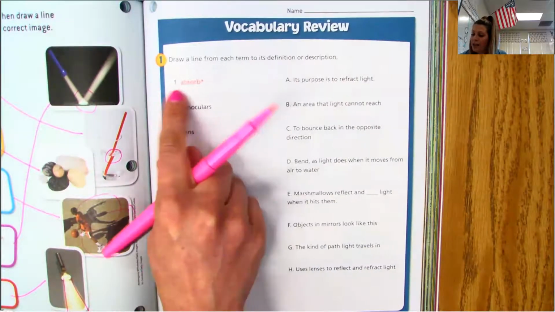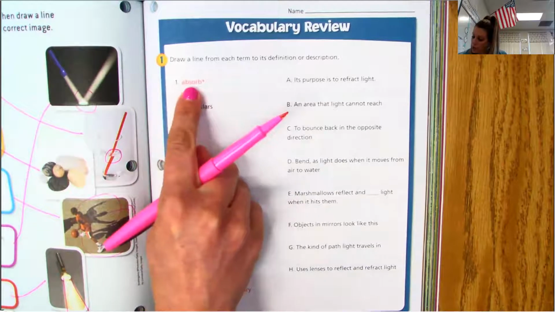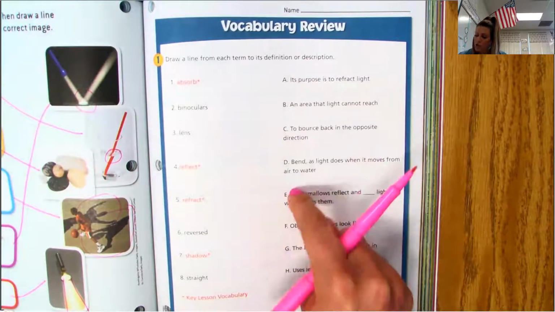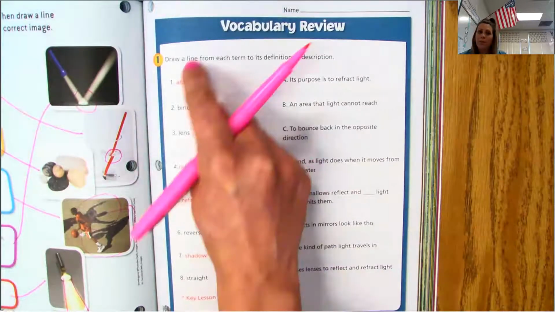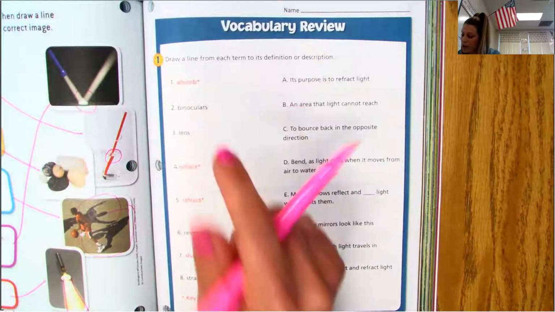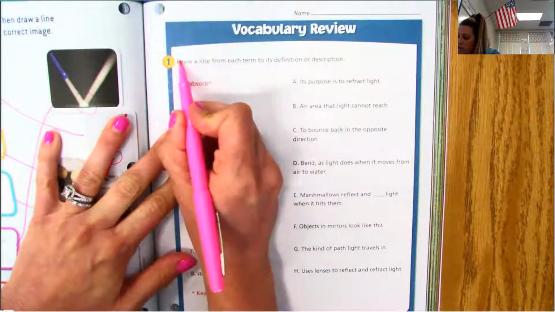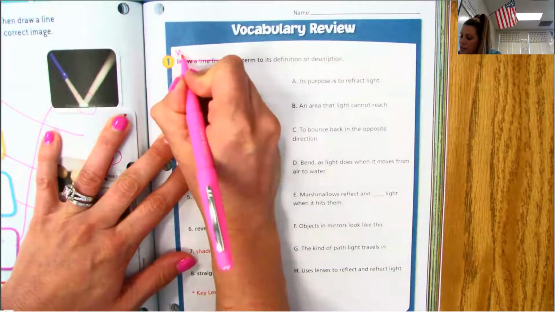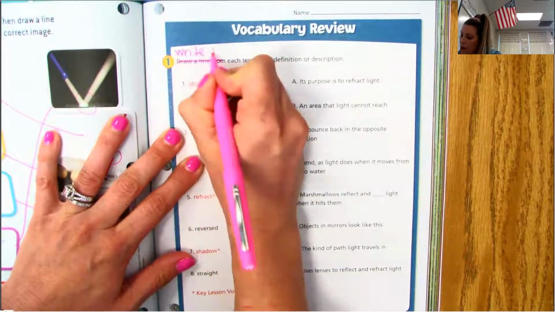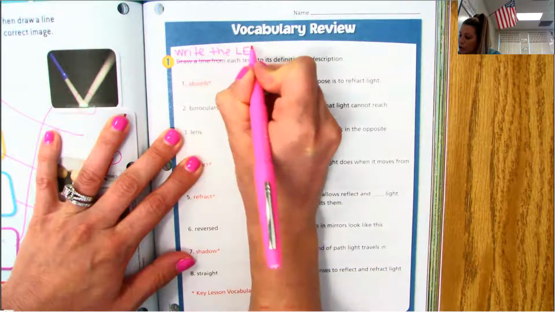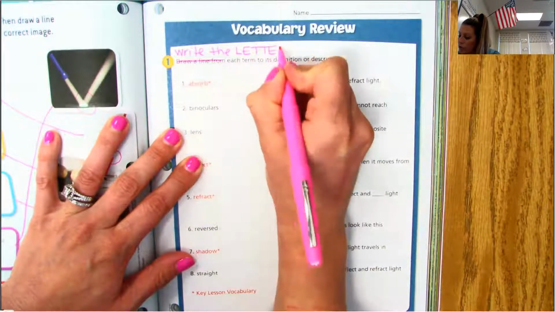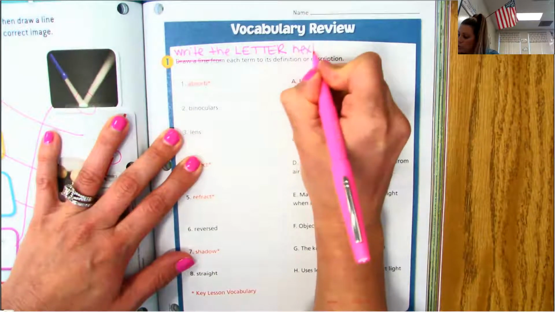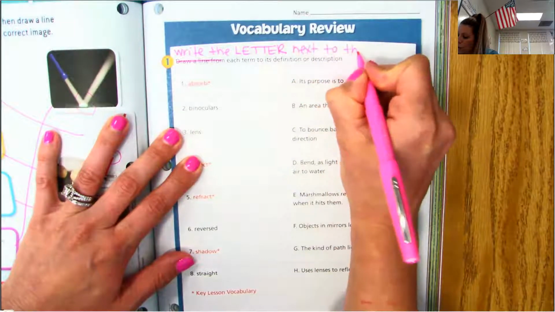So when you find the answer for absorb, what letter is it? A, B, C, D, E, F, G, or H, you would put the letter next to it. So we're going to cross off these directions and we're going to say, write the letter next to the word.